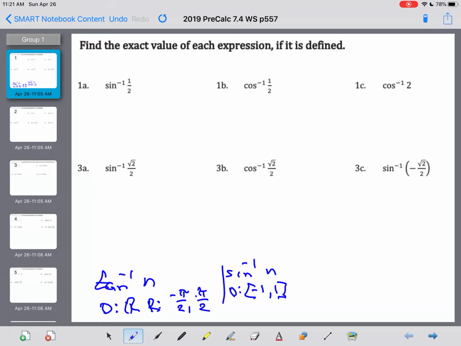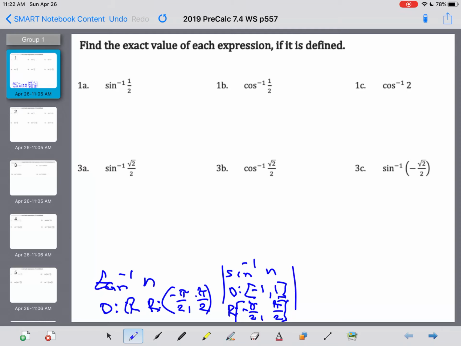And then the range, just like the previous one, goes from negative pi over 2 to pi over 2 inclusive, so we're going to put square brackets here.